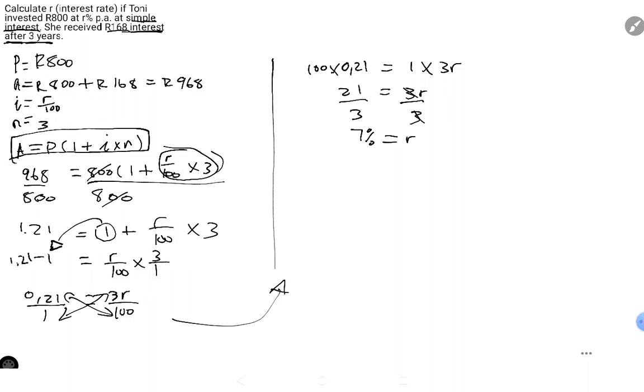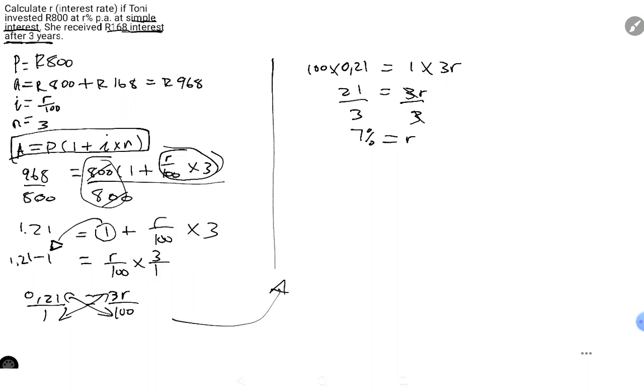And so I said the first thing to do is, because the R is inside the bracket, you need to get rid of anything that's attached to the bracket, and in this case it's 800 rands. And so you're going to divide both sides by that 800 rands so that it cancels here.